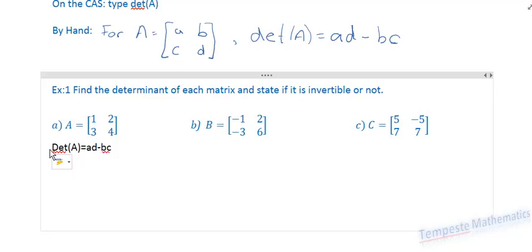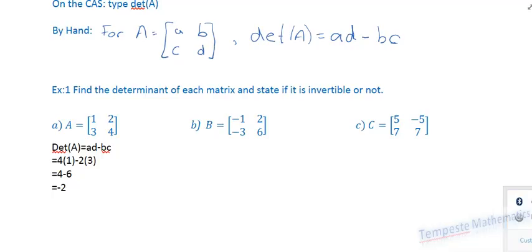This is going to be equal to AD, that's 4 times 1, minus BC, which will be 2 times 3. That becomes 4 minus 6, or negative 2. So our determinant is negative 2. Negative 2 is most definitely not 0, so this thing will have an inverse.